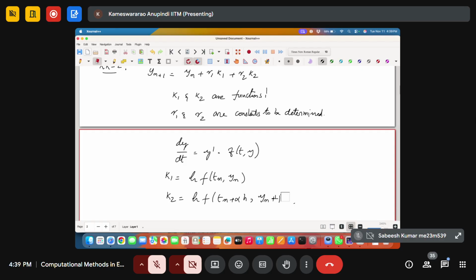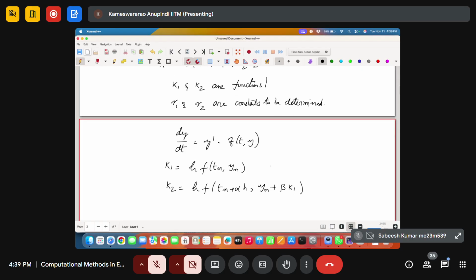I think this may be a little confusing. What we're doing is that the function is evaluated at tn and yn, and we obtain the new function which we call k1. Then for the other function k2, we evaluate h times f, the same right hand side function, at a different time and at a different y location.